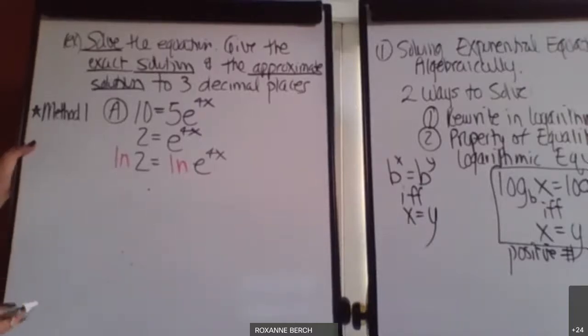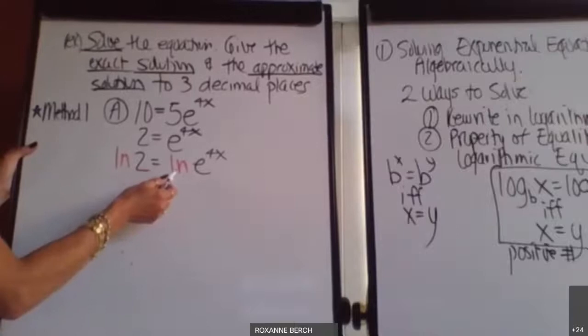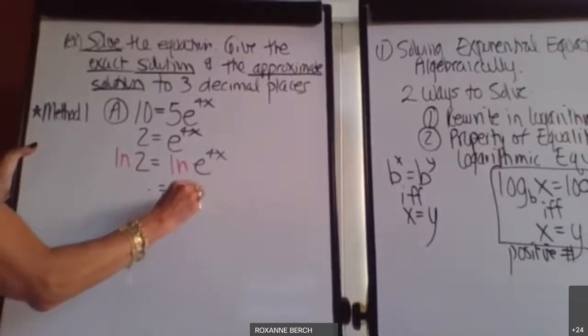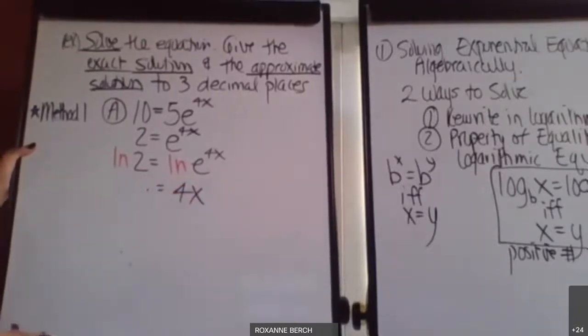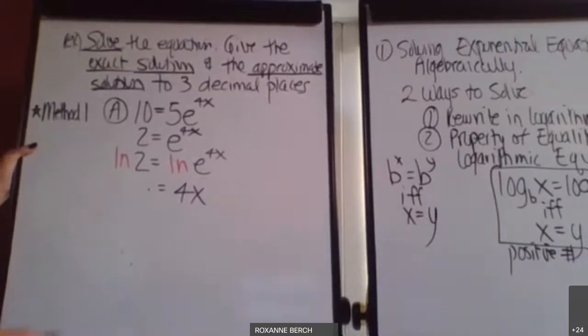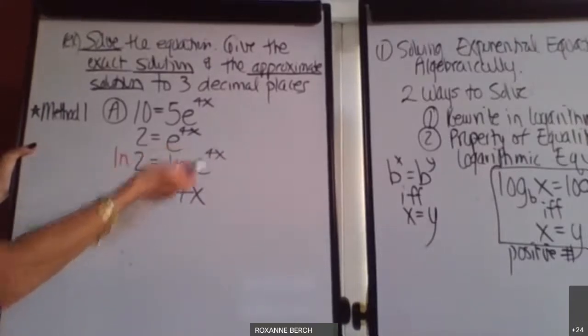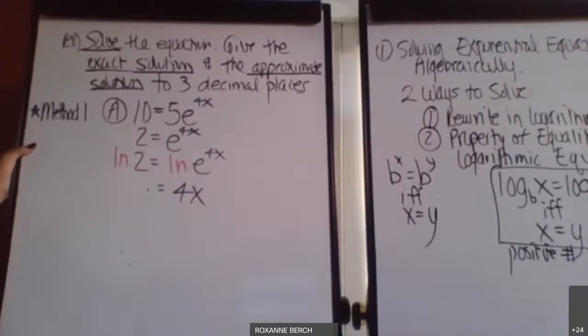So now what I created was log base e of e, which causes him to come down by that inverse property that I gave you last time. Remember, log base e of e is the power. You guys remember that? Yes.